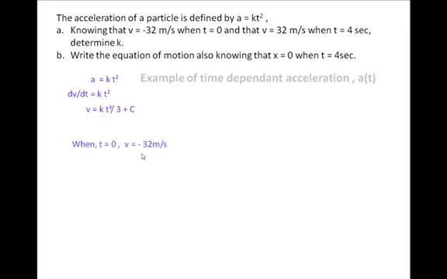So at t equal to 0, v is minus 32. So if you put it back here in v is equal to kt cube upon 3 plus c, we'll get c as minus 32. So we have an expression for v, kt cube by 3 minus 32. All right, now with this we want to go further.